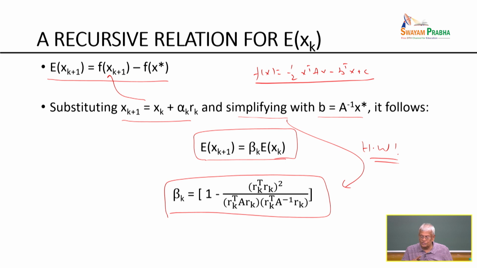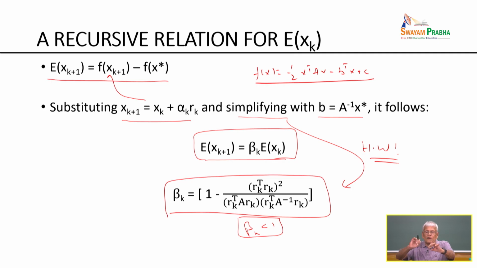Now, let us look at this. What is the idea now? If I can show beta k is uniformly less than 1 for all k, what does it mean? E of xk plus 1 is less than E of xk, because I am multiplying by a number less than 1. So, if I can show beta k is less than 1, that will imply E of xk is a decreasing function.